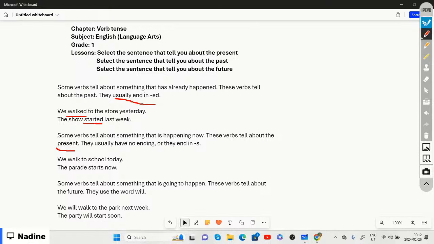And the verbs that tell us about the present usually have no ending. So it's either there's no ending or they end in s.